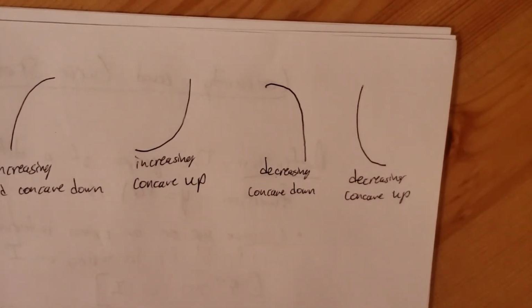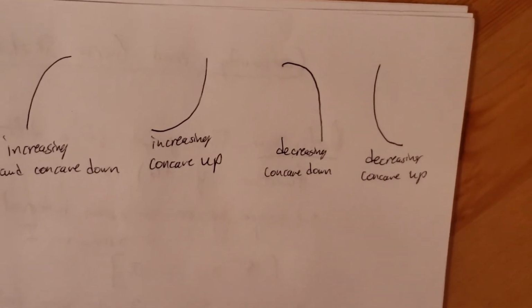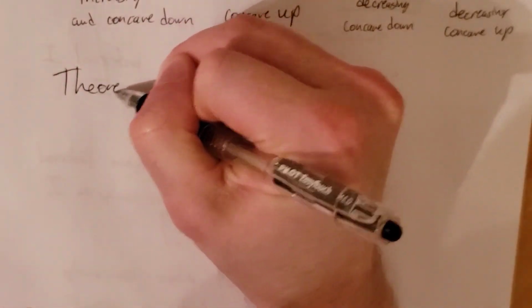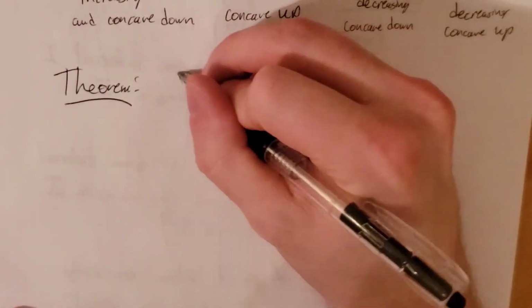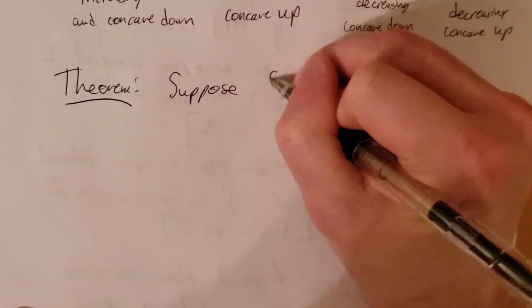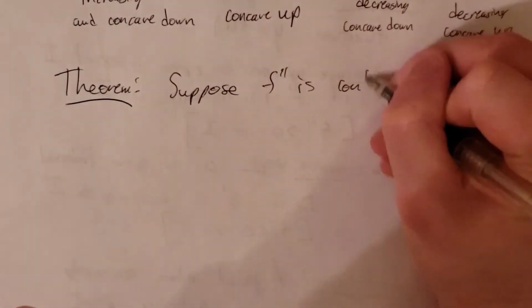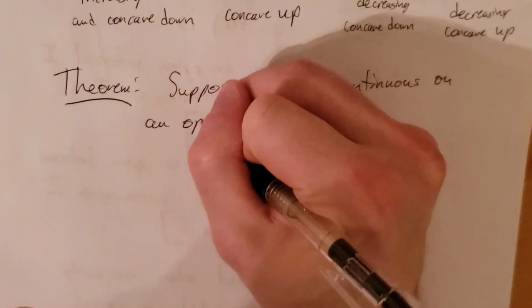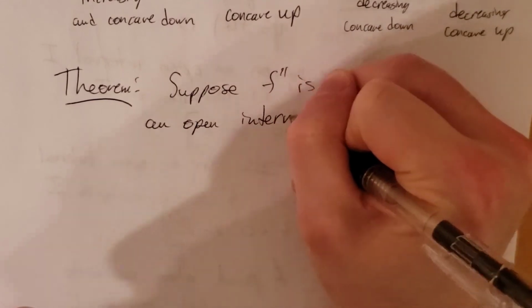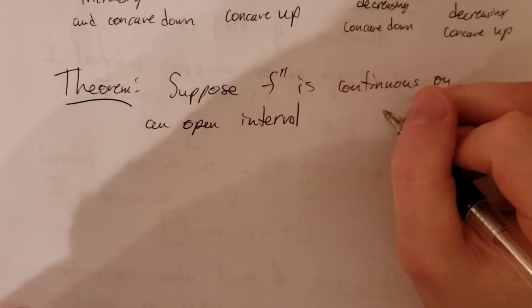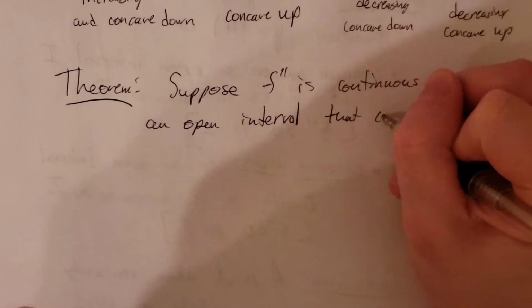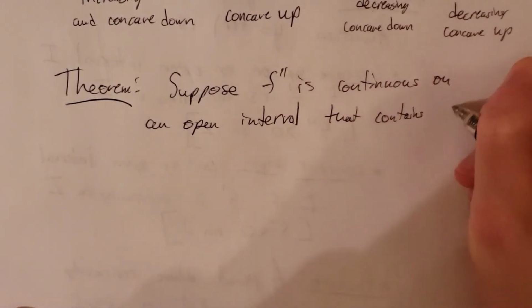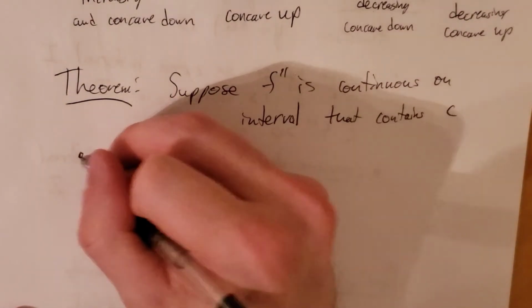We have one more theorem that we want to talk about before I end this video. So we're going to suppose f double prime is continuous on an open interval that contains C, then a few things might happen.